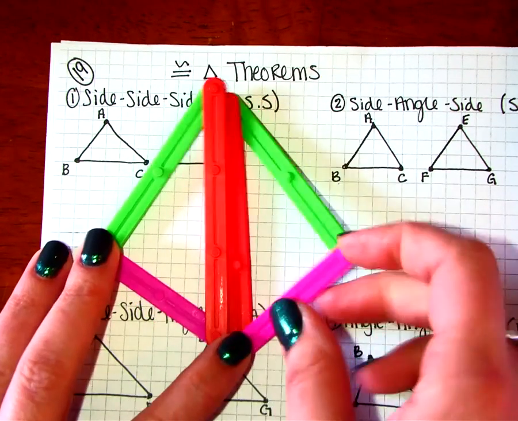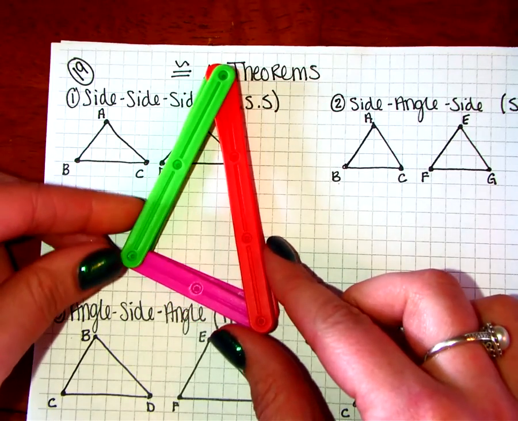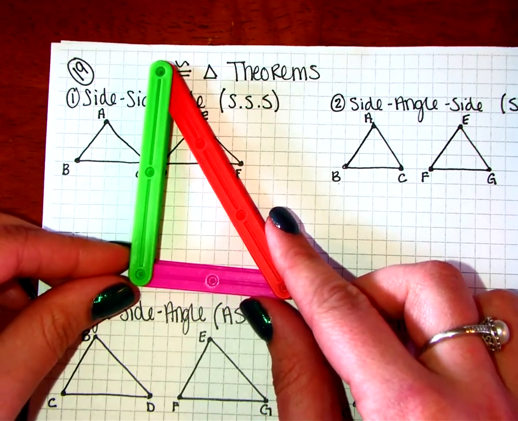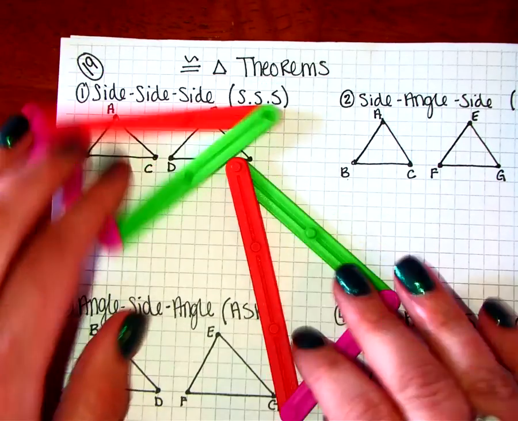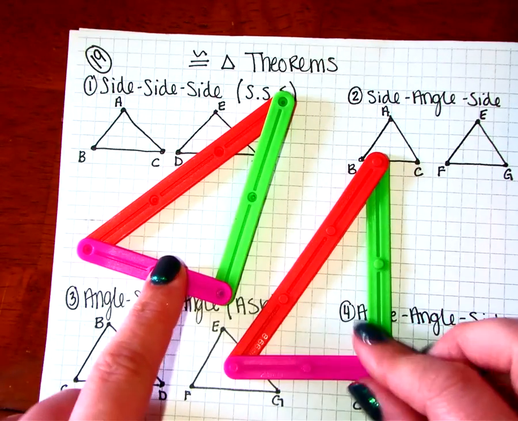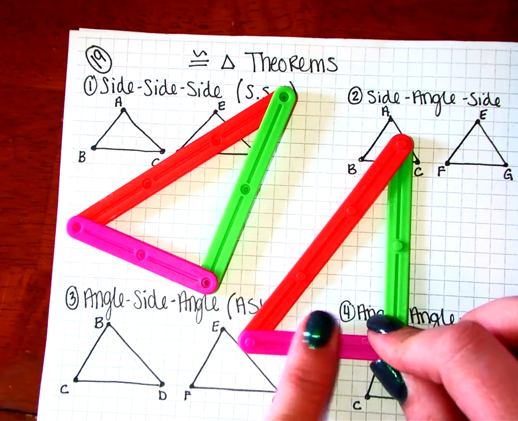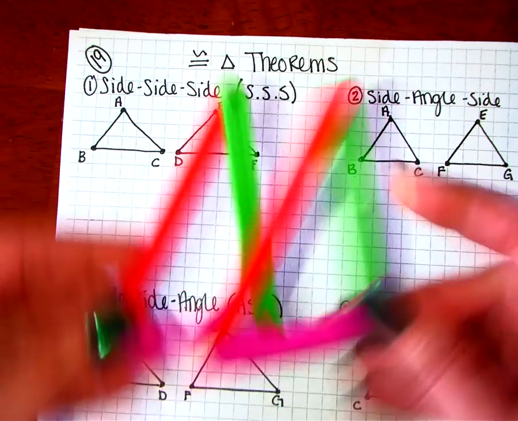So what I can do is if I overlap them, notice how they are the exact same triangle. Everything about them is identical, but I constructed them in a different way. Side, side, side congruency states if 3 sides of one triangle are congruent to 3 sides of another, then the triangles have to be identical, which we just showed using these little clicky sticks.